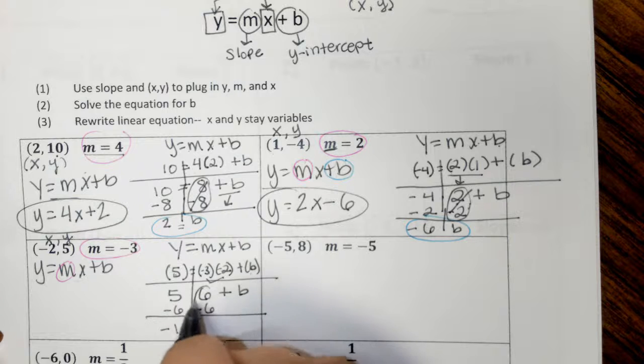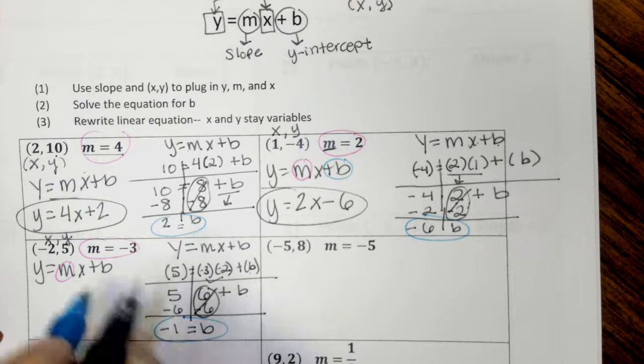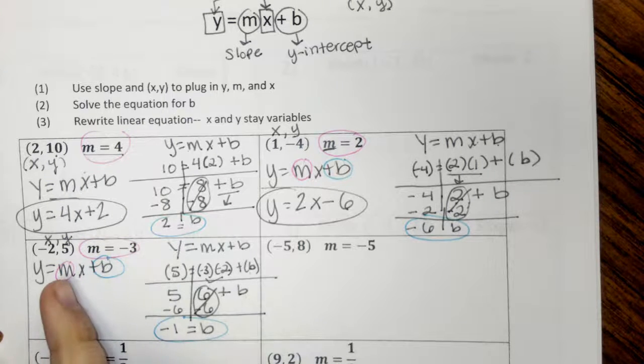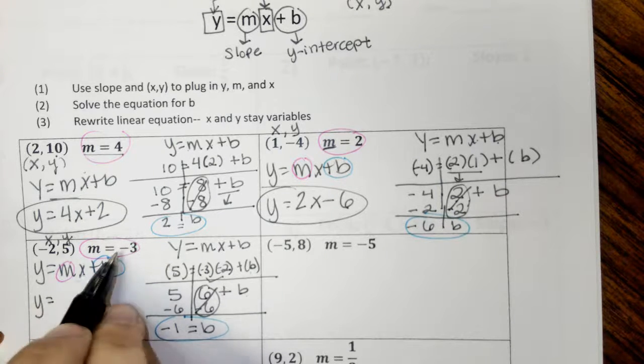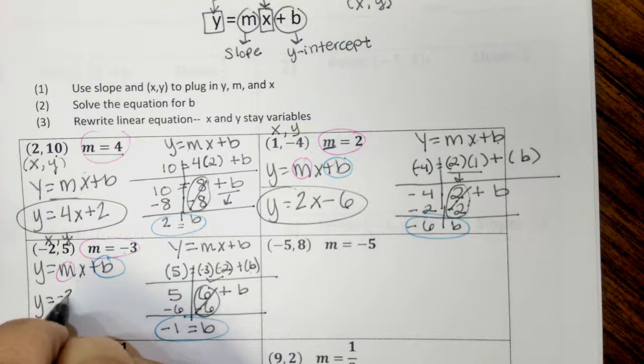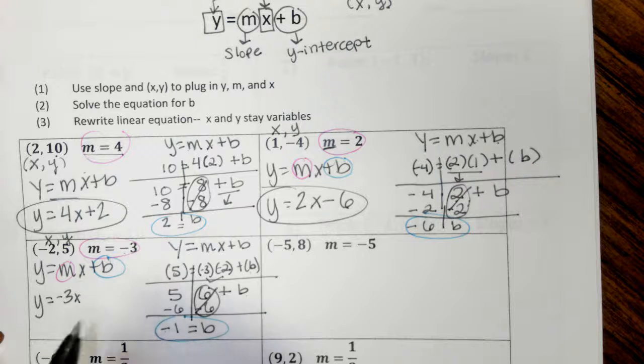On the right, 6 minus 6 makes a 0 pair, and 0 plus b is b. Now we know that b is -1. We know m and b, which means we can write the equation y equals -3x, and instead of plus b, we'll have a -1.